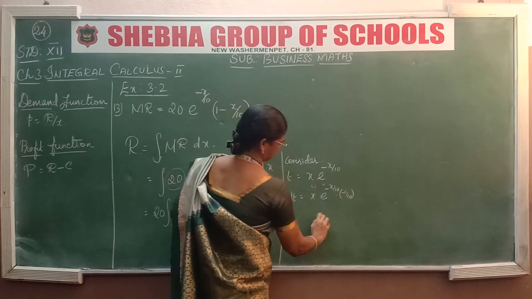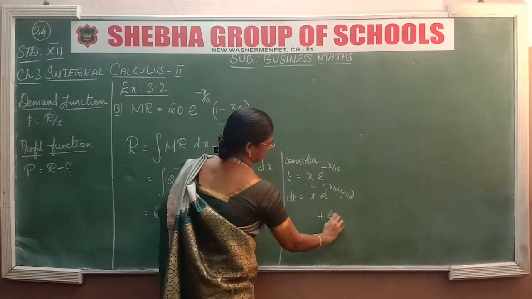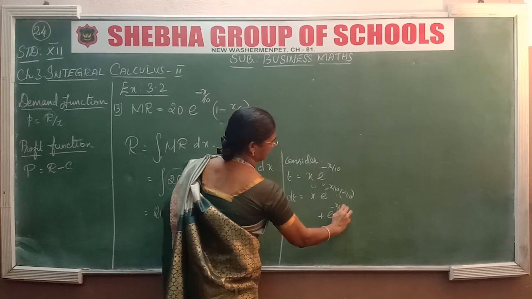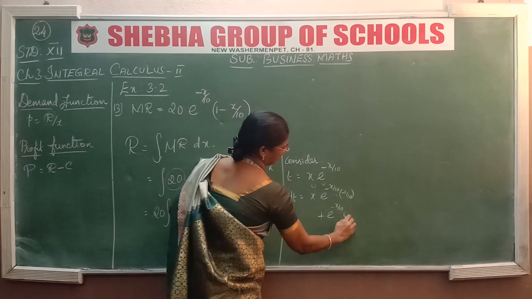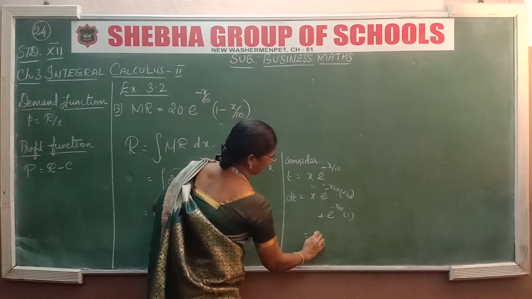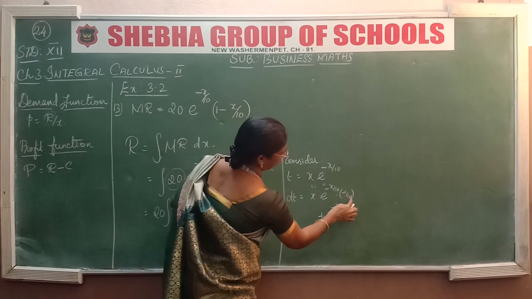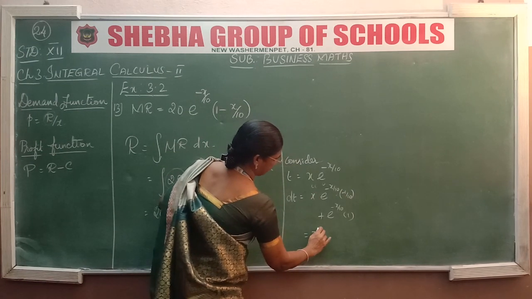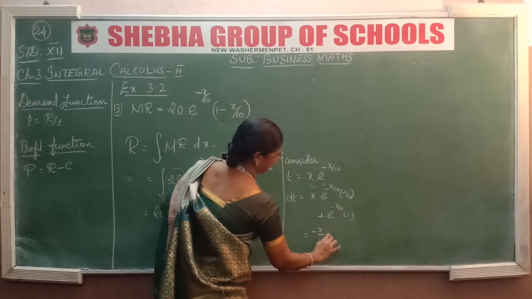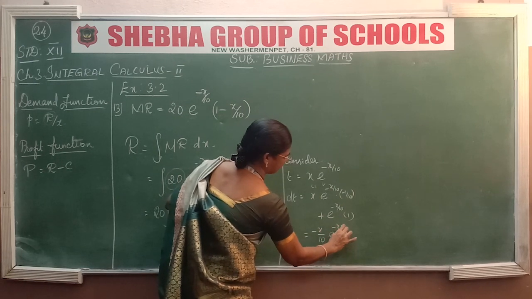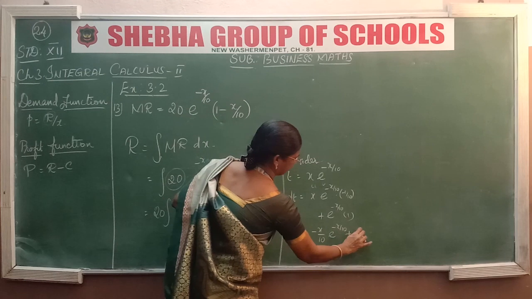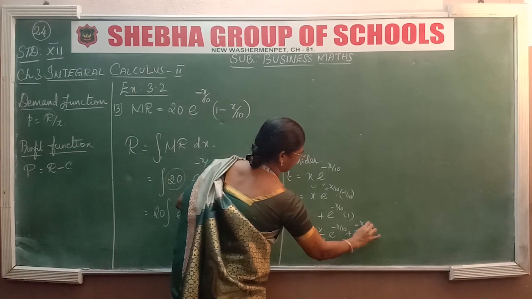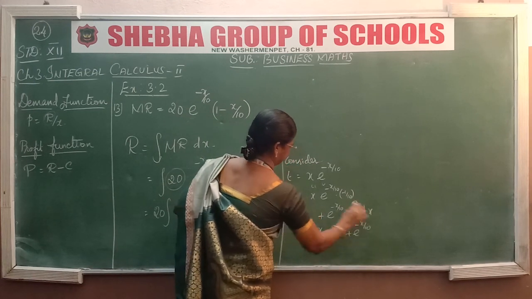Next plus, keep e power minus x by 10 as it is, and differentiating x we get 1. So taking minus 1 by 10 in the front, we get minus x by 10 e power minus x by 10 plus e power minus x by 10 into dx.